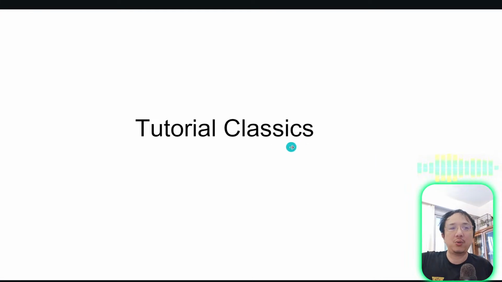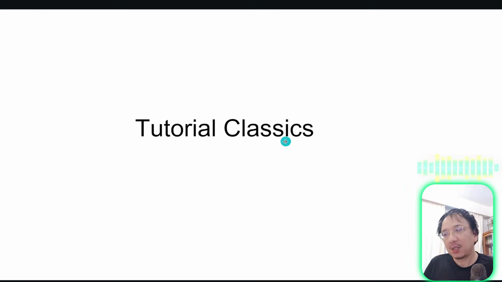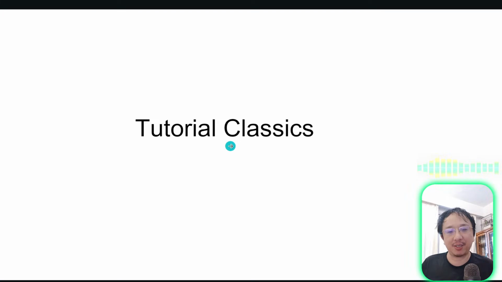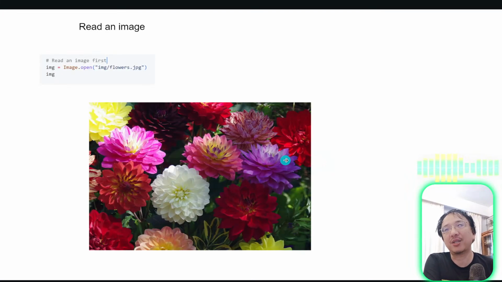Okay, so let's go to the tutorial that we have in the workshop. The first one I call tutorial classics, which includes a lot of fundamental and basic things in computer vision. Not everything, but a lot of things.